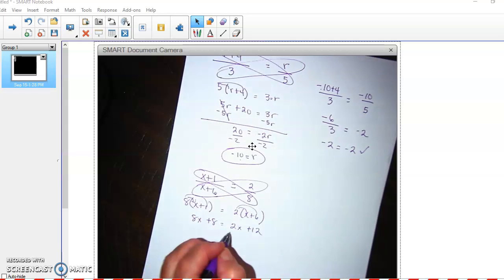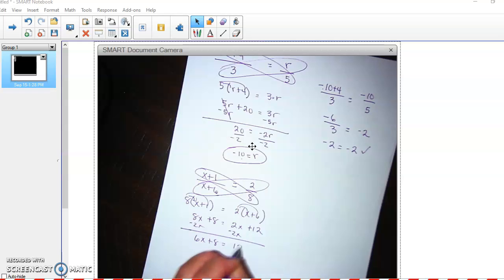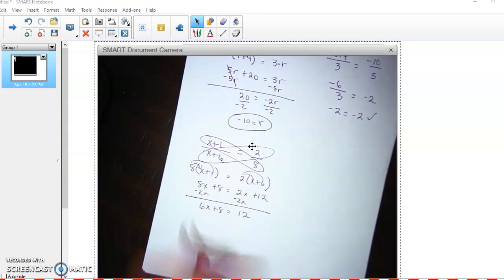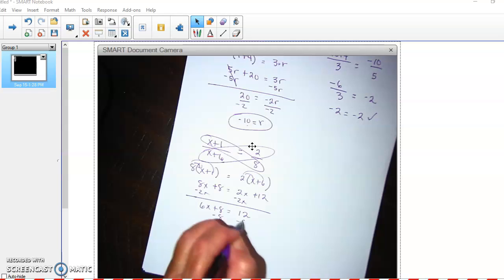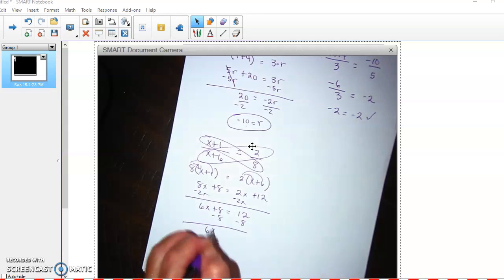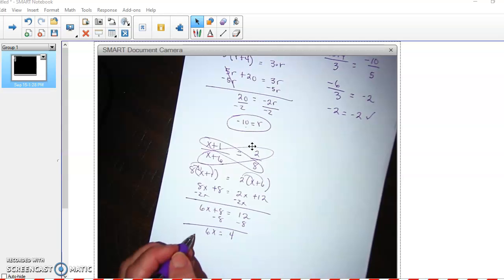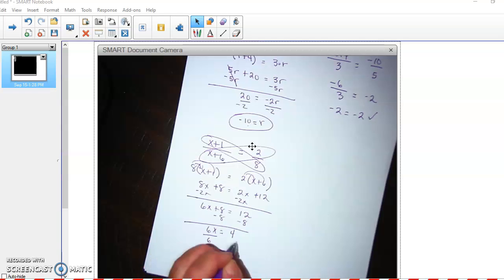And now we're going to get our variables on the same side. You always move your variables first. And then you're going to subtract 8. And then you're going to divide by 6.